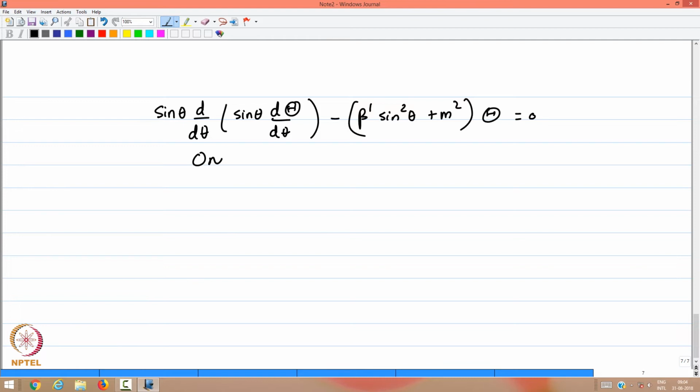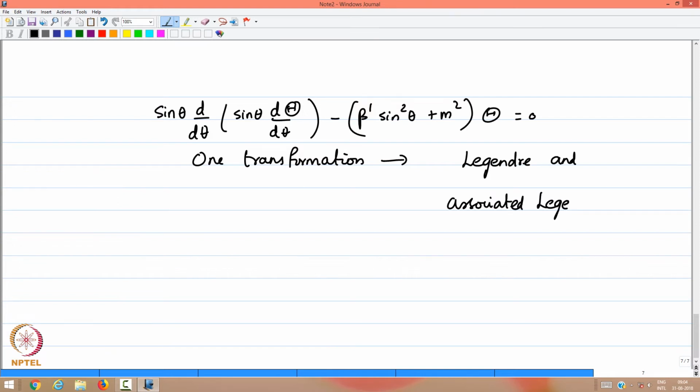One transformation we shall make is to identify this with an equation which was solved hundreds of years before, at least 150 years before. This will convert it into what is known as the Legendre and associated Legendre equation, which was studied in mathematics earlier.